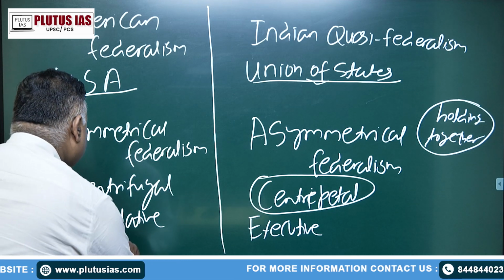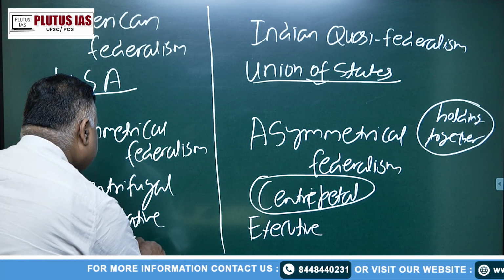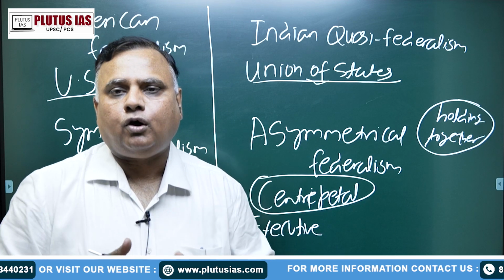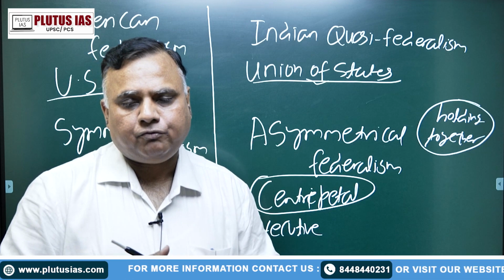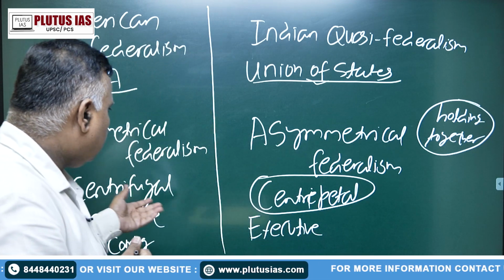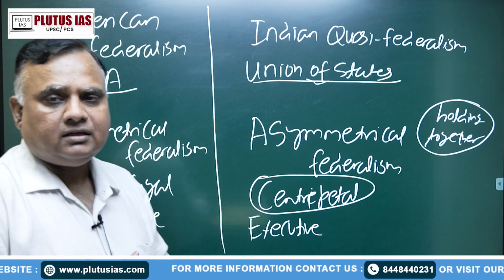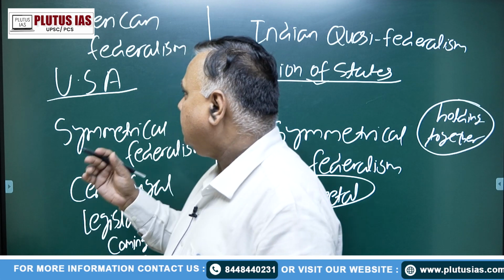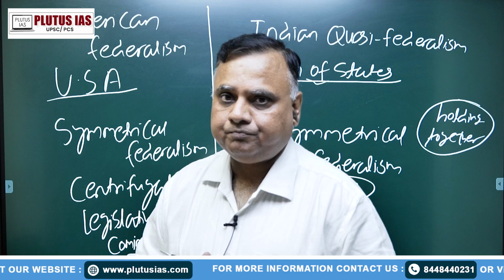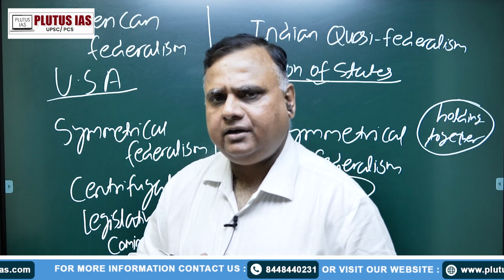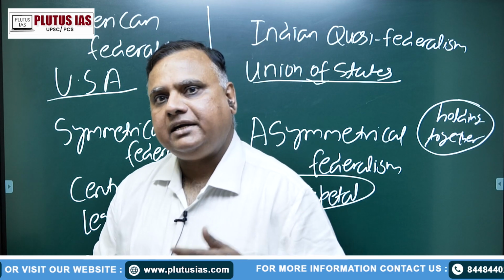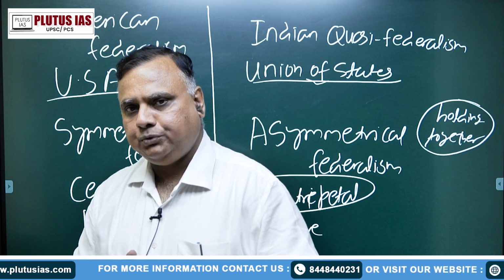Here, coming together, because 13 colonies who later became 50 states came together to form a central government or federal government by an agreement between the states. So these are the differences between American federalism and Indian federalism. I have already repeatedly said that our federal polity is inspired from the Canadian model, not from the US model.